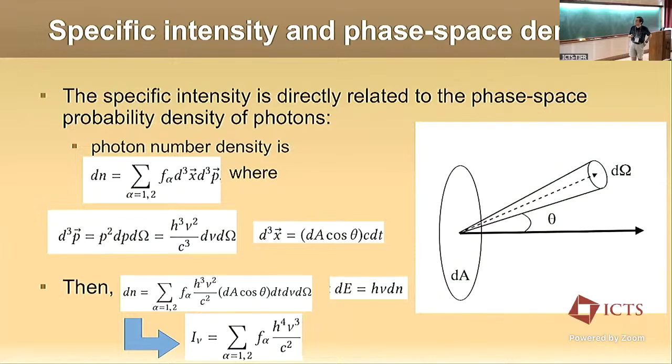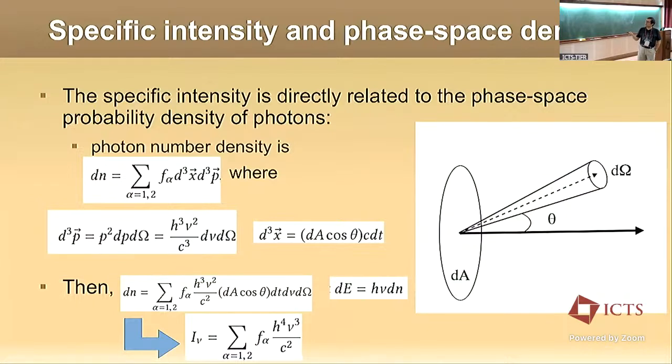Okay, so why is the intensity so useful? First, we'll connect the specific intensity to the phase space probability density of photons, which is another way to describe the photon field. The phase space probability density is just what it says: the chance to have a photon at a particular place in space and with a particular momentum p.